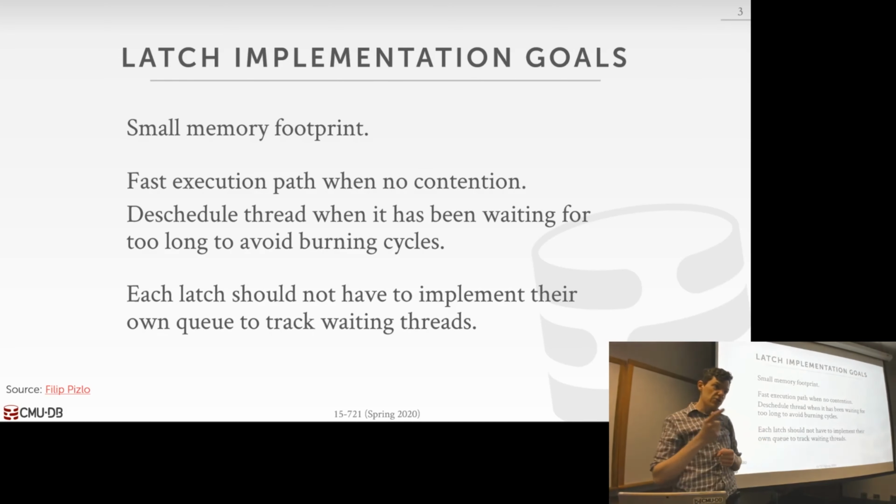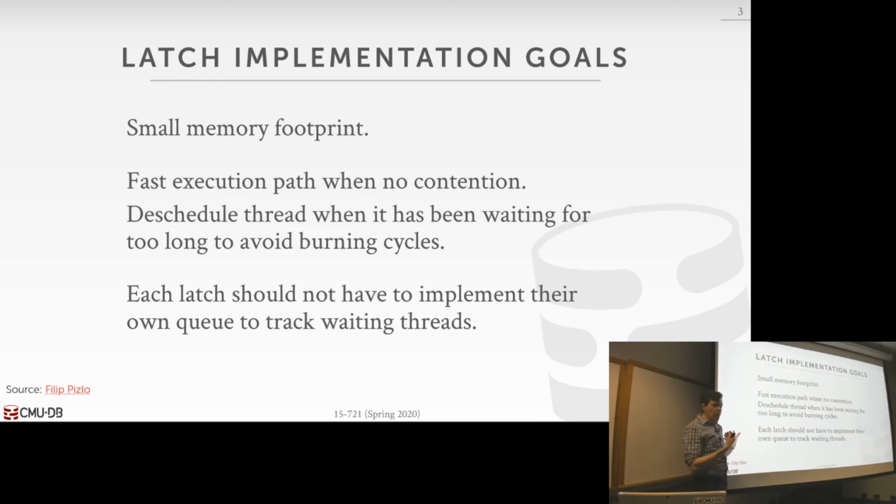And then latches are low-level primitives you use to protect the critical sections of any concurrent data structure, or anything that needs to have multiple threads accessing or modifying at the same time. This can get confusing if you're coming from the OS world, where there's no notion of a latch. There is now in C++, but it means something completely different.